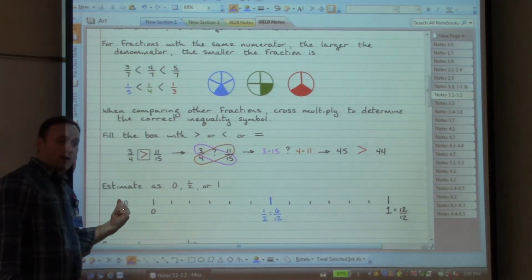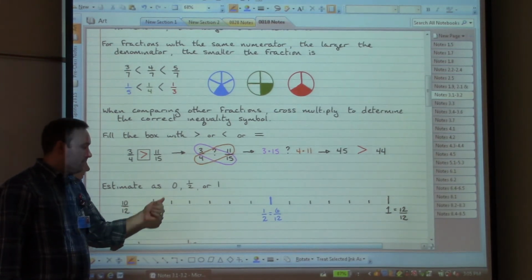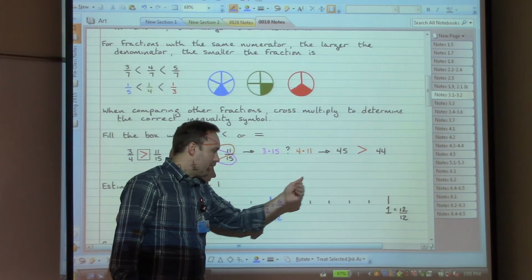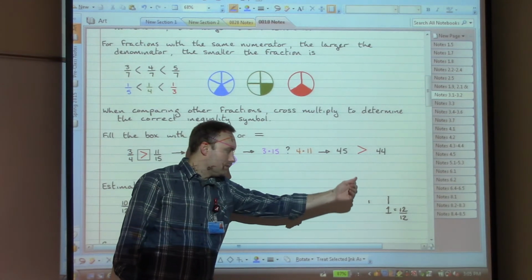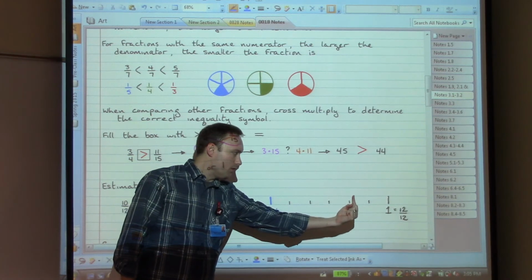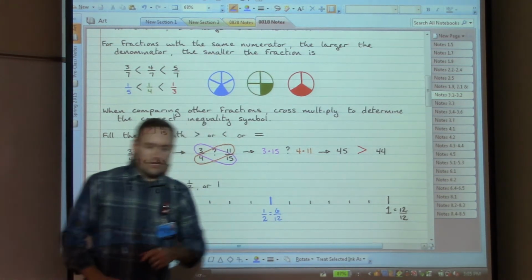Well, 10 on top, meaning I want to count out 10 parts out of these 12. So 7, 8, 9, 10. So I want to mark the fraction 10 over 12 at this particular location.